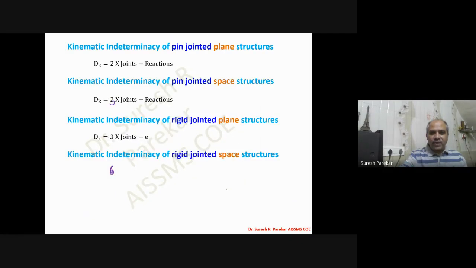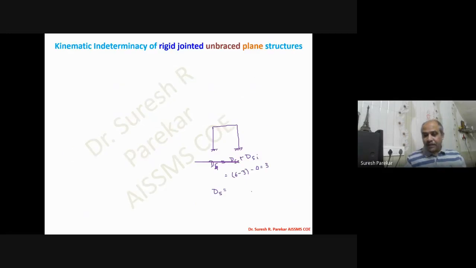Substituting, r is 6, m is 3, and j is 4. So 9 plus 6 is 15, and 15 minus 12 gives 3. Likewise, we can find the values either by using ds or by using this direct formula.